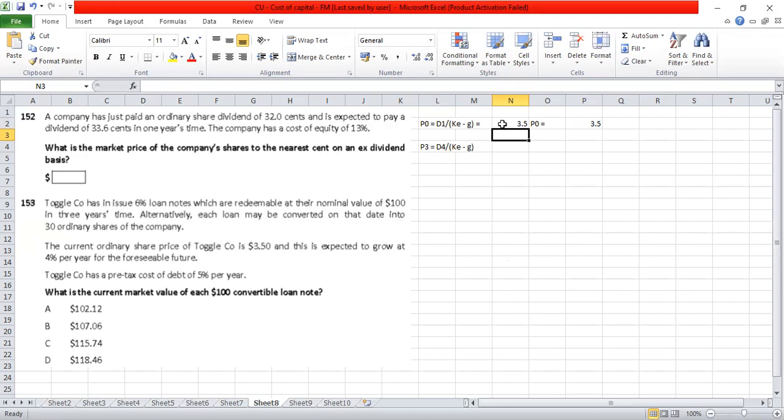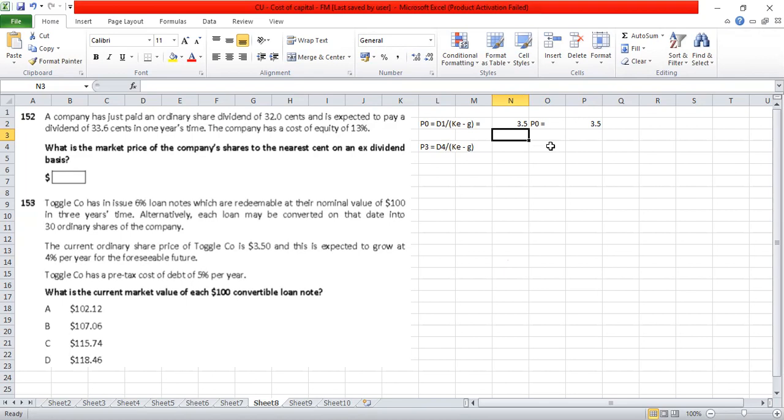D1 becoming D4 would be D1 into 1 plus G into 1 plus G into 1 plus G. So 1 plus G has to be multiplied 3 times.